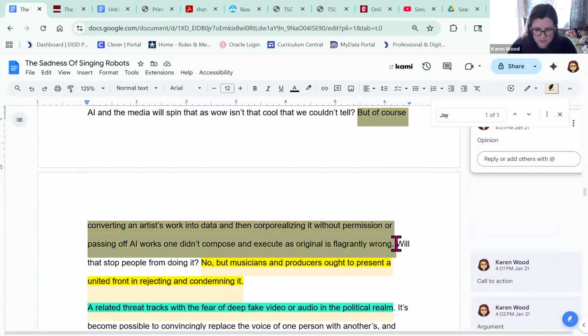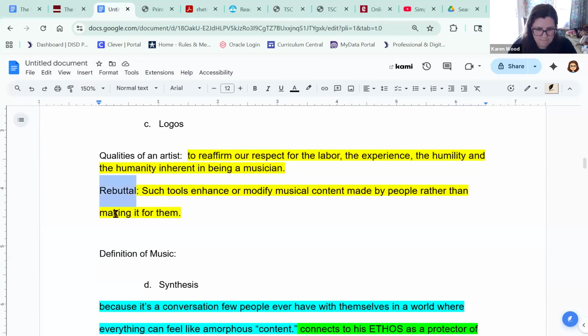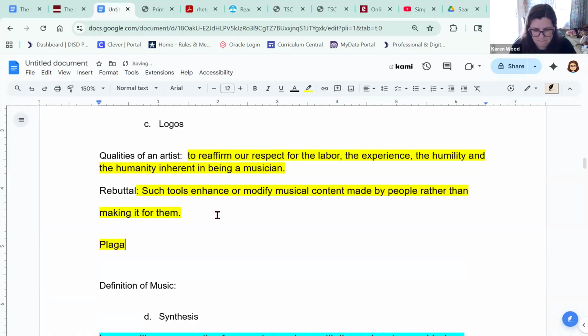This is about plagiarism. I can never spell plagiarism.